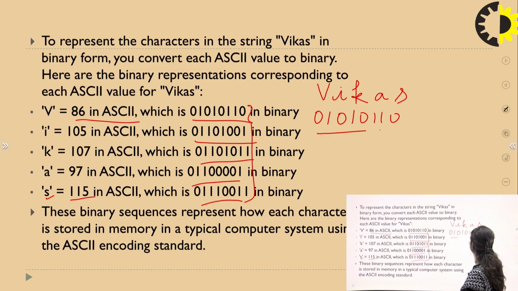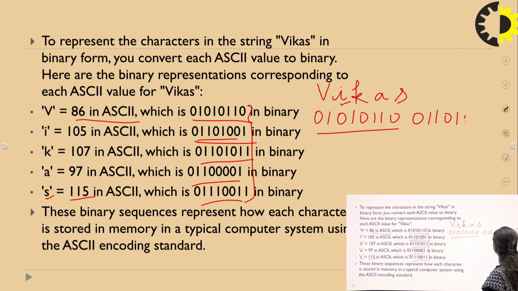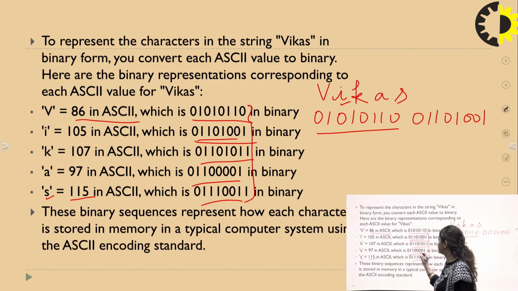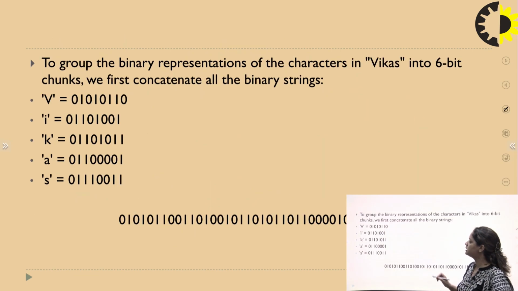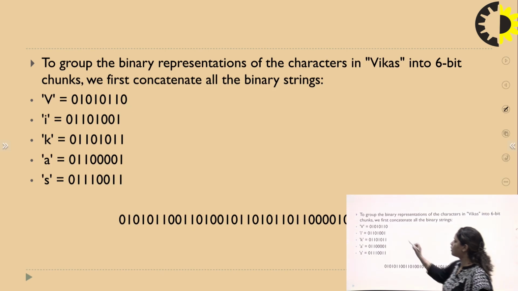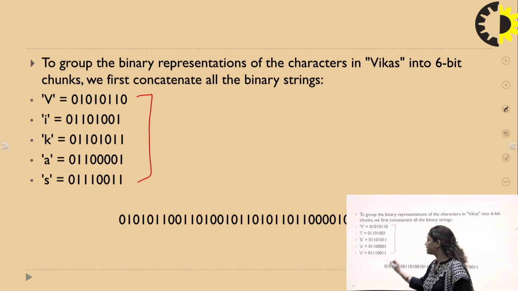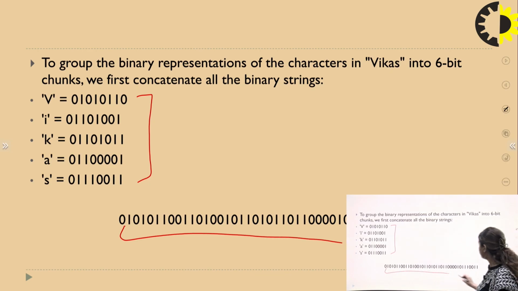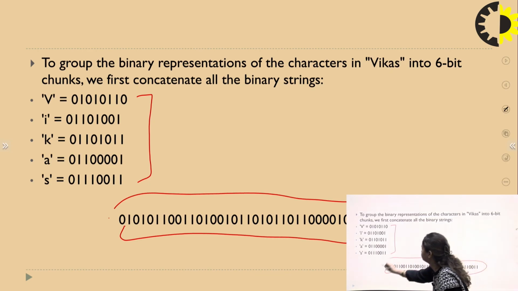This is for V. Next is I. For I we have this code 01101001. Similarly for K, then A and S, that has already been written in the slide. So all these numbers are written in combination like this, in a single string.